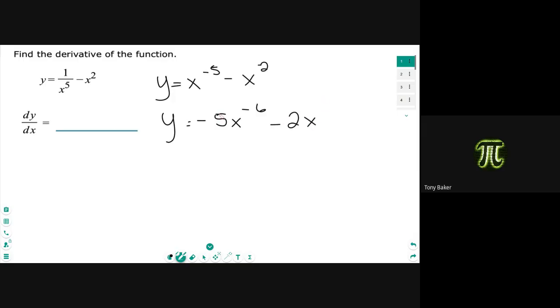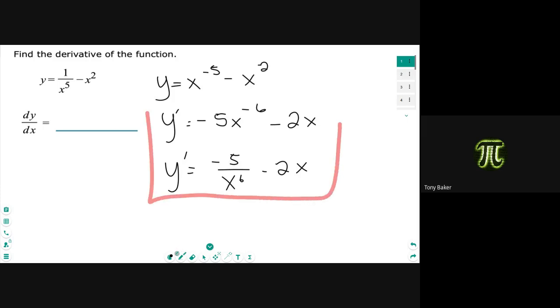You could technically leave it like that, or you can just change it back to that. Either answer is acceptable. I can't think of another way that you'd want to write this one.